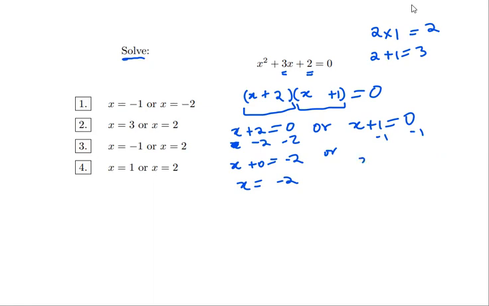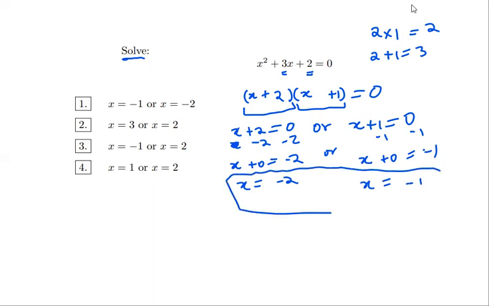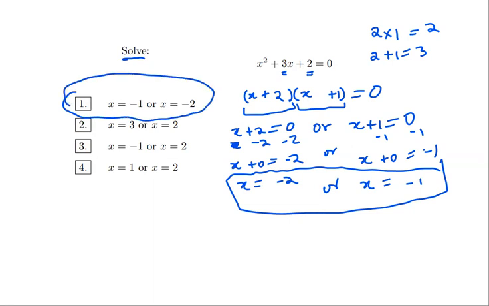So if we bring down x, 1 minus 1 is 0, and 0 minus 1 is -1. So x is equal to -1. So these are your solutions for this problem. Now we come to the answers and compare. So it looks like this is the correct answer for the first question.